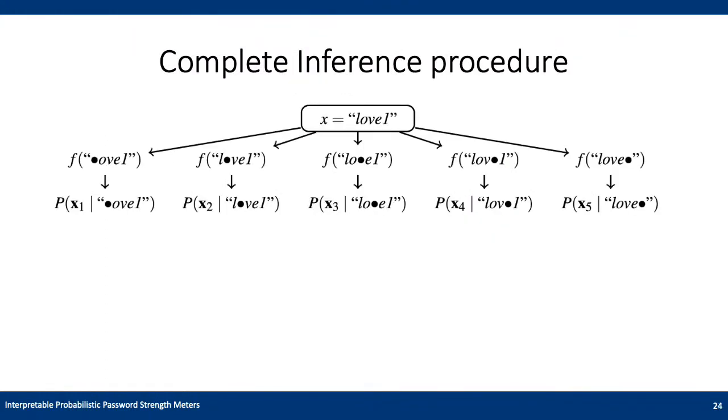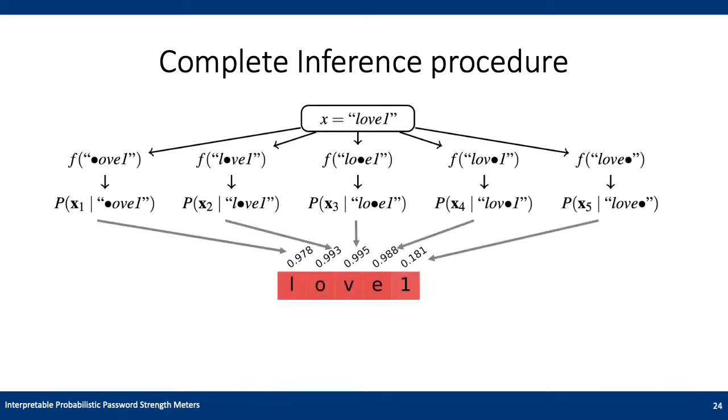Once we have the trained network, we can use it to infer the local conditional probabilities and the joint probability of a password. In order to do that, we use the same trick used during the training. We mask a character and we query the model to infer the probability of the missing character. We apply this procedure for each character in the password.